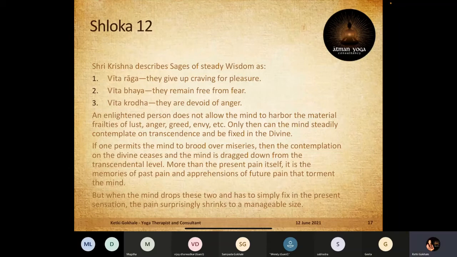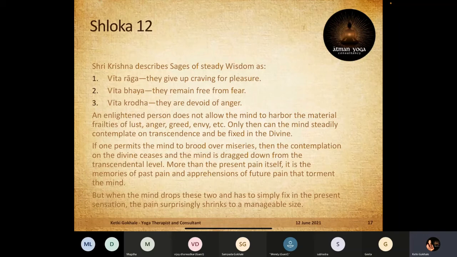If one permits the mind to brood over miseries, then the contemplation on the divine ceases and the mind is dragged down from the transcendental level. More than the present pain itself, it is the memories of the past pain and apprehensions of future pain that torment the mind. So either our mind goes in the past or goes in the future.